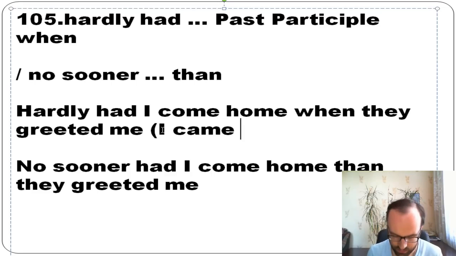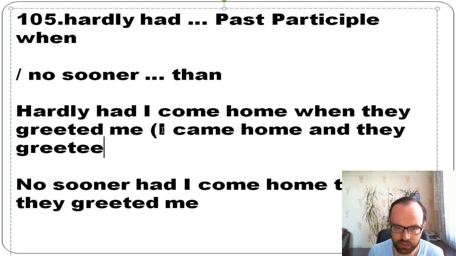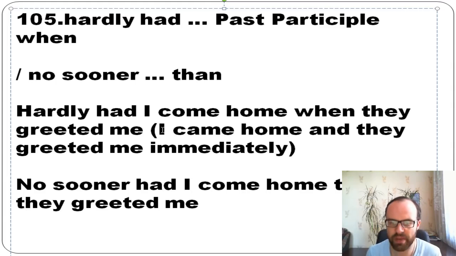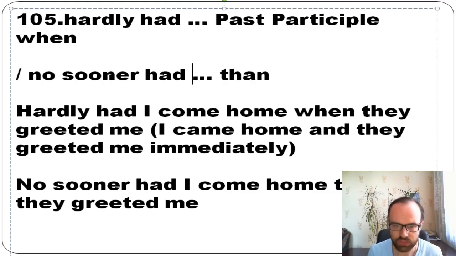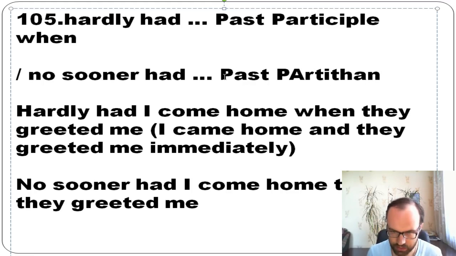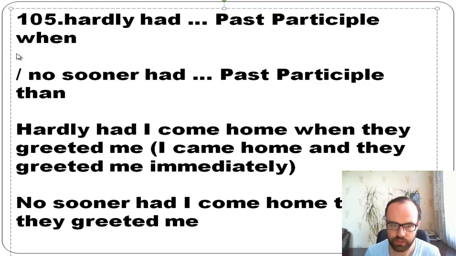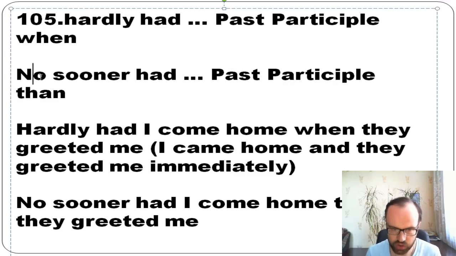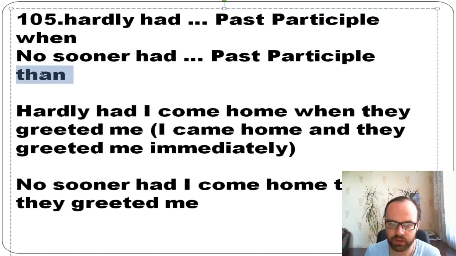I came home and they greeted me immediately. It's about immediate actions. Look, no sooner, the same thing. No sooner had plus past participle, but we need to use then.